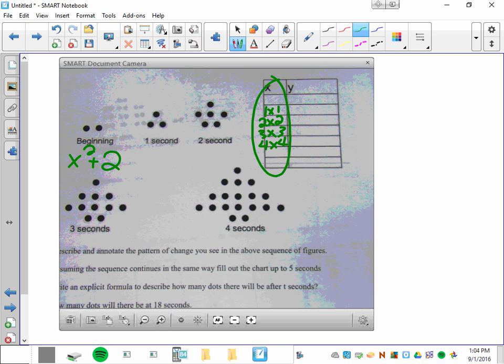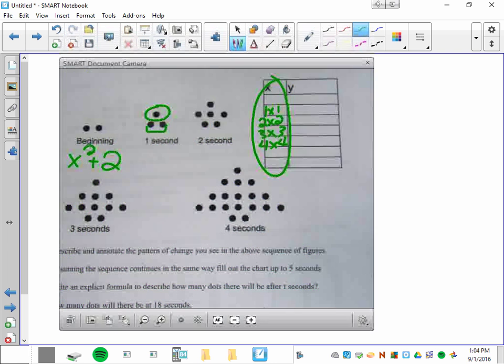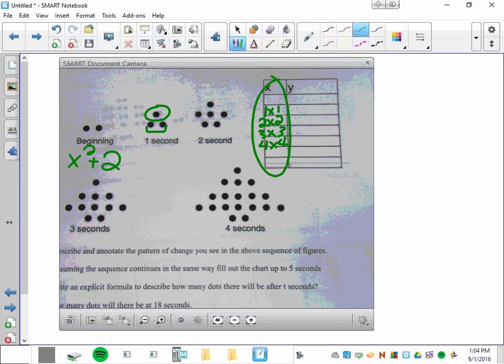So for each of those pictures, you should see a 1 by 1, a 2 by 2, a 3 by 3, and you see 1 by 1 plus the original 2 dots there, but this one doesn't quite look like a 2 by 2 unless you move this dot up here, and then you see 2 by 2 plus 2.